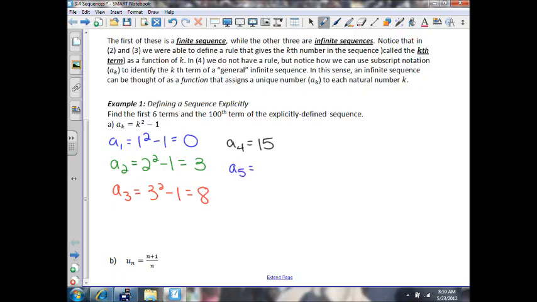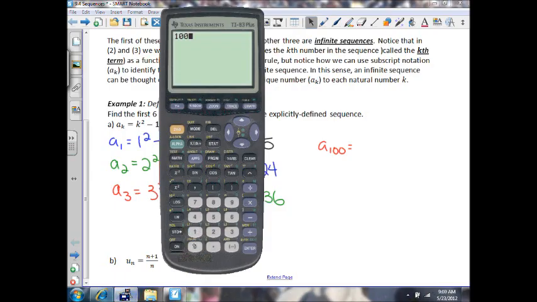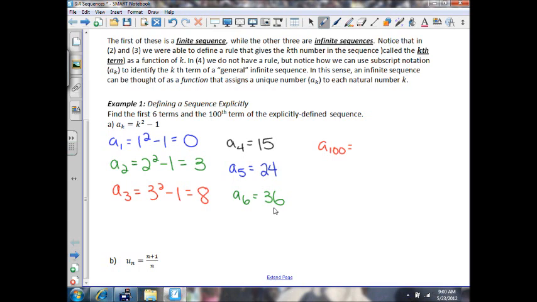A sub 5 will be 5 squared minus 1, which is 24. A sub 6 will be 6 squared minus 1, which is 35. And then a sub 100 will be 100 squared minus 1, which would be 9,999.